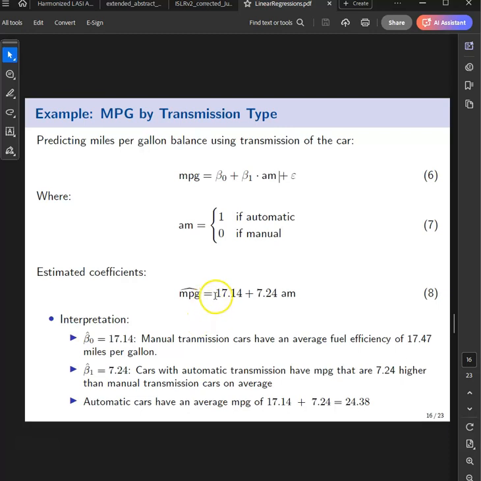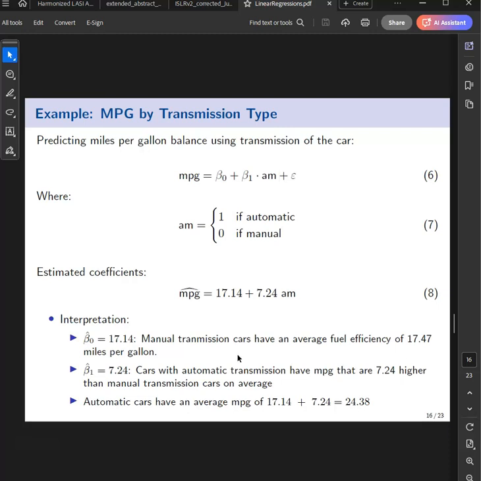So this beta naught is that for the reference group. Beta 1 hat, which over here is 7.24, means that cars with automatic transmission have an MPG that is 7.24 higher than manual transmission cars on average. Not all automatic transmission cars have a 7.24 higher MPG.